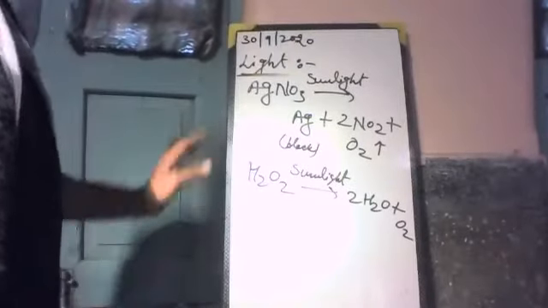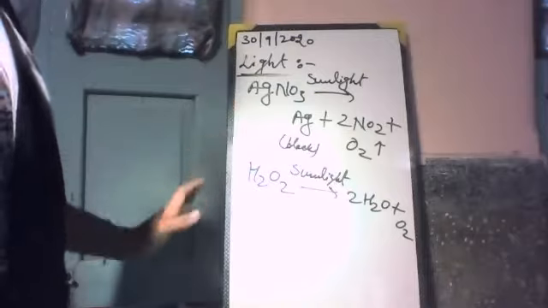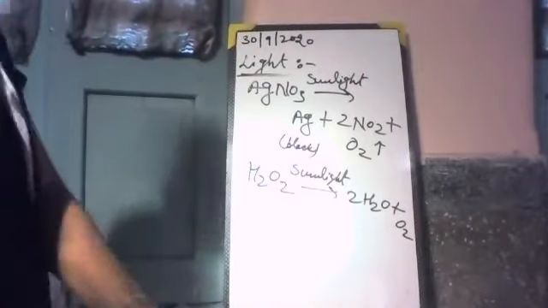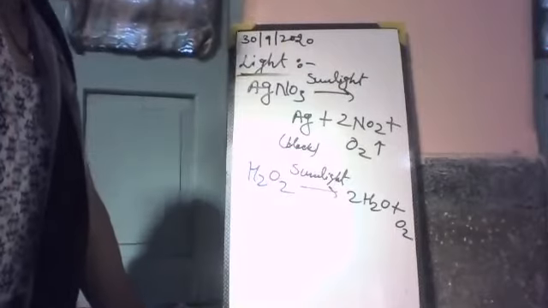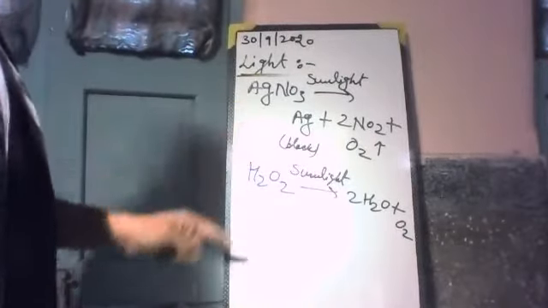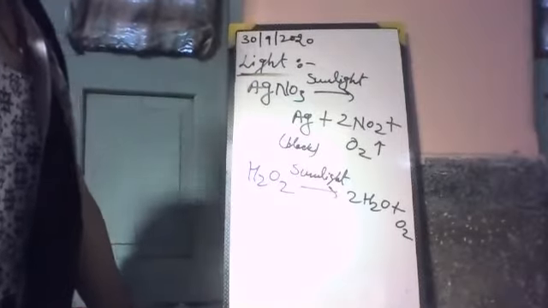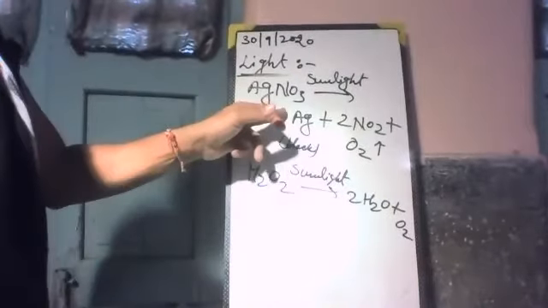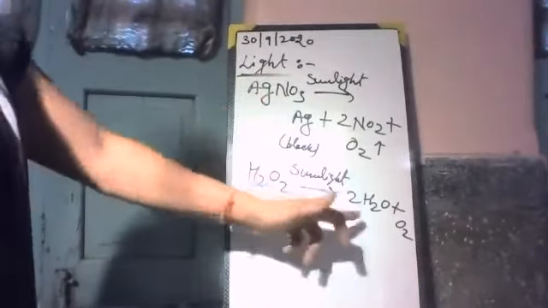So silver nitrate and hydrogen peroxide are kept in brown bottles. They are not kept in white transparent glass bottles, because in a transparent glass bottle light reaches the silver nitrate and it decomposes into silver.